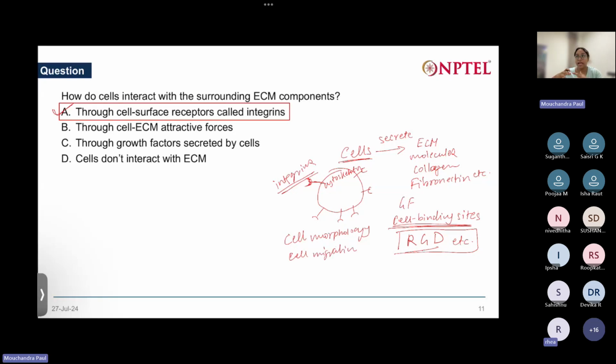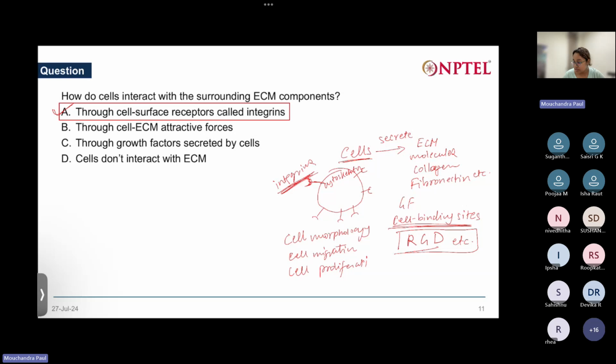So you can understand that integrins provide signals for maintaining cellular morphology as well as signals for migration. So cells which are themselves secreting ECM, this ECM is directly controlling cellular functions like morphology and migration. Sometimes it can also help in cellular proliferation.